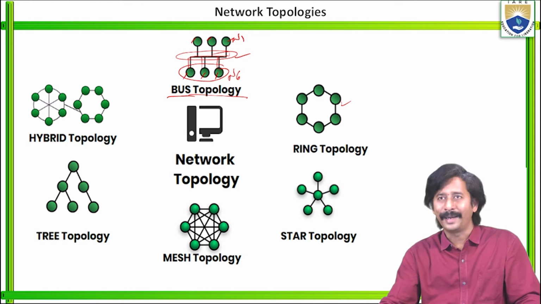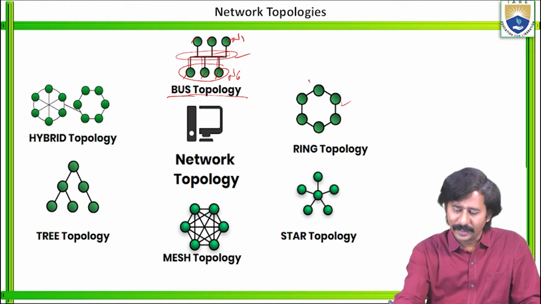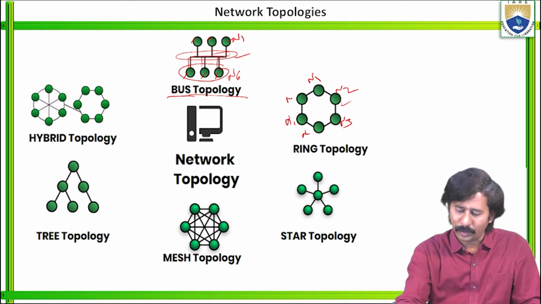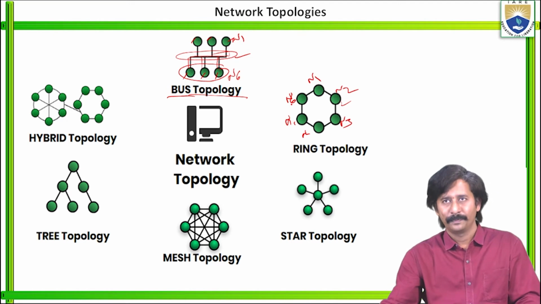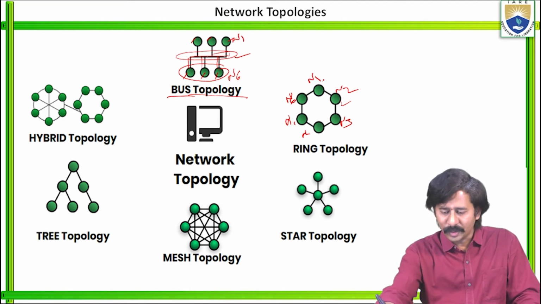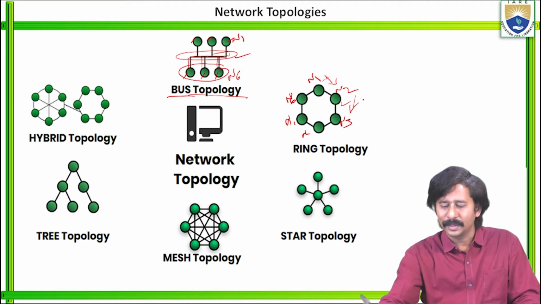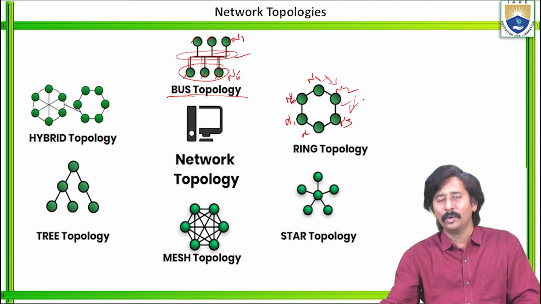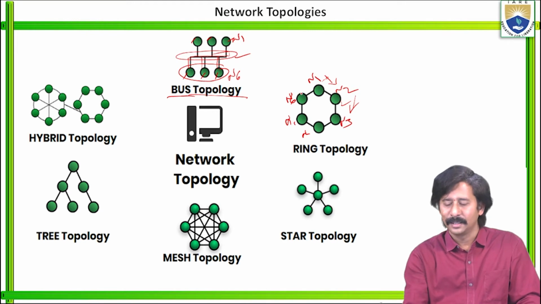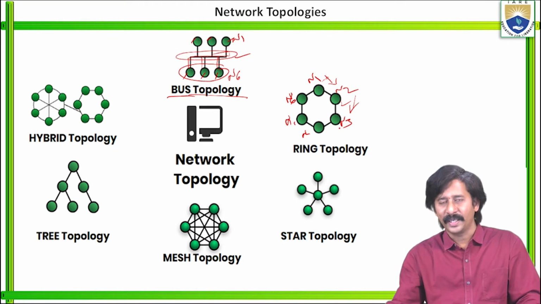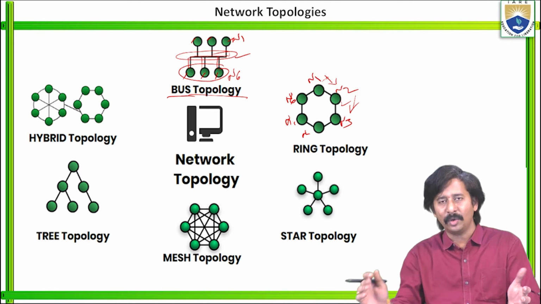Similarly, in the case of ring topology, see there are node 1, node 2, node 3, node 4, node 5, node 6. How are these nodes communicated? Node 1 to node 2, the data may be transmitted. Node 2 to node 3. According to our requirement, whenever node 3 communicates with node 6, there is no direct communication, no bus structure.